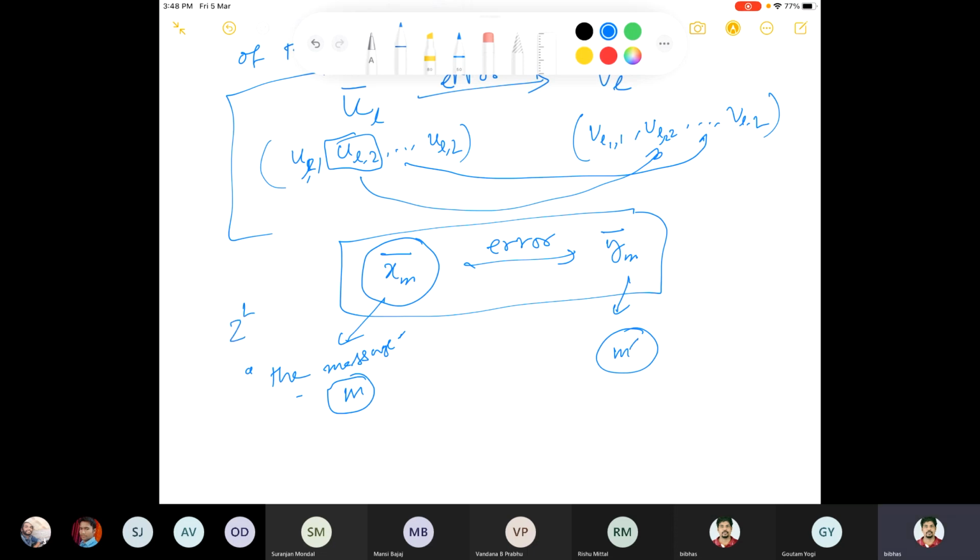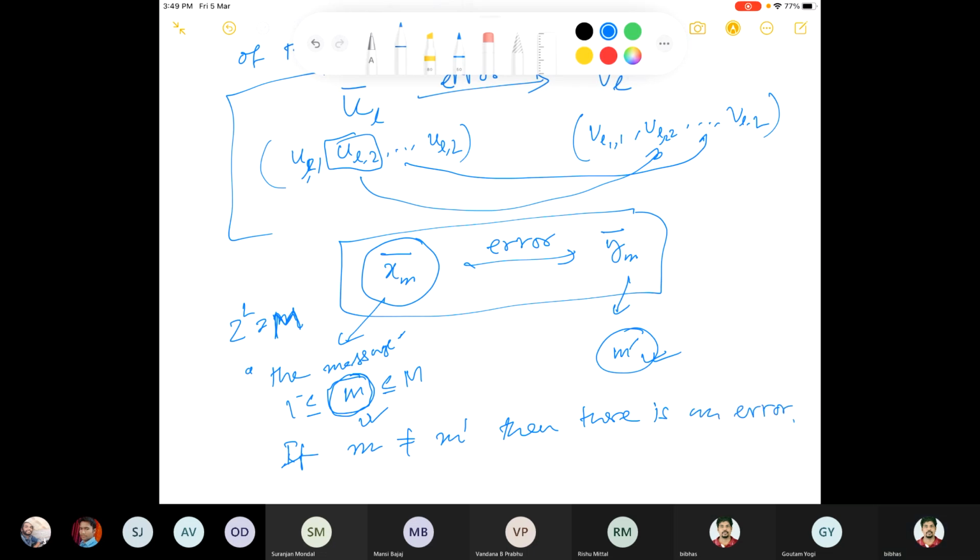Because 2 to the power L is equal to capital M, this is the set of all sequences of length L. If you take any integer from 1 to M, there is a corresponding sequence of 0s and 1s. So if M is not equal to M dashed, then there is an error.